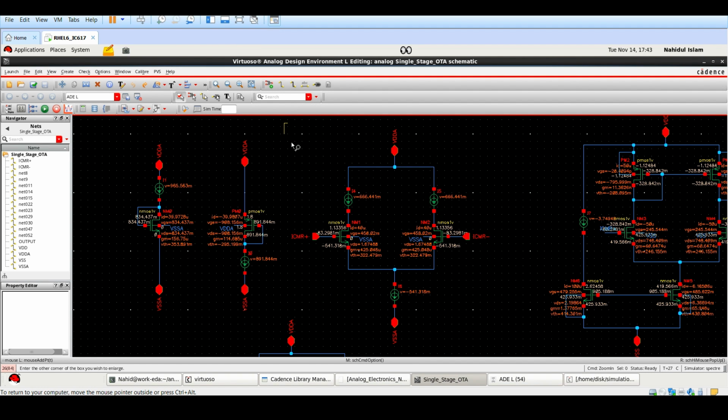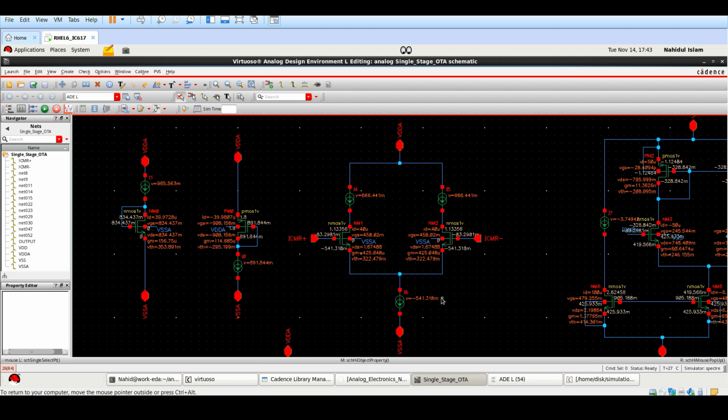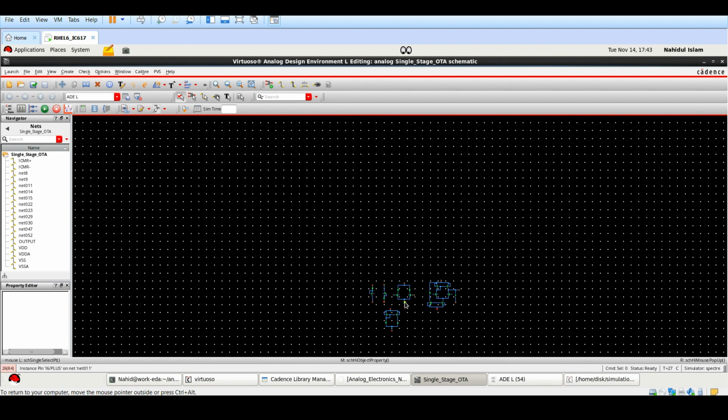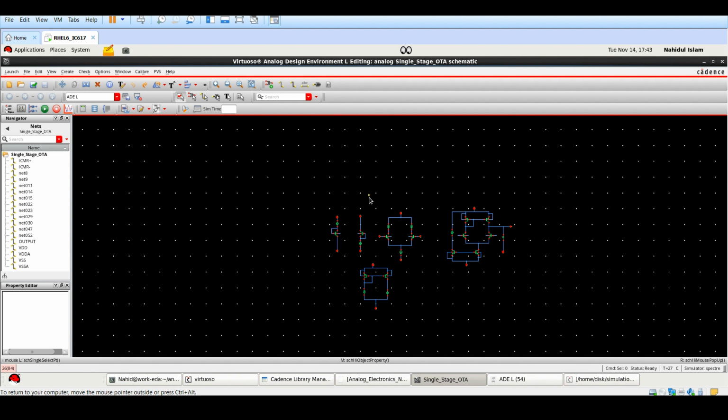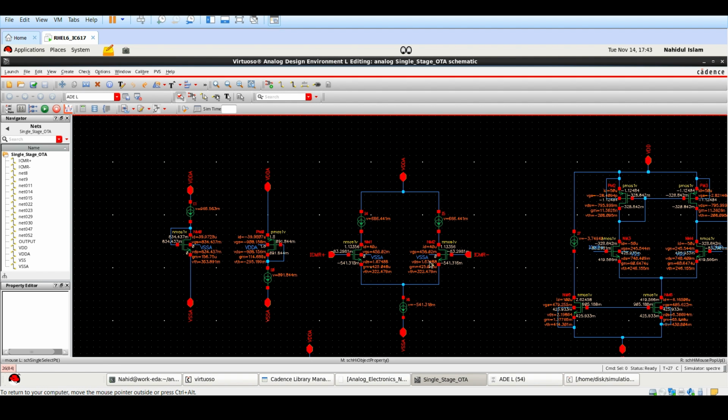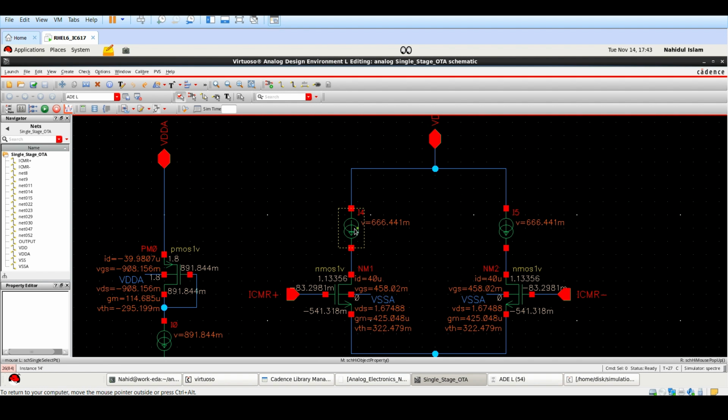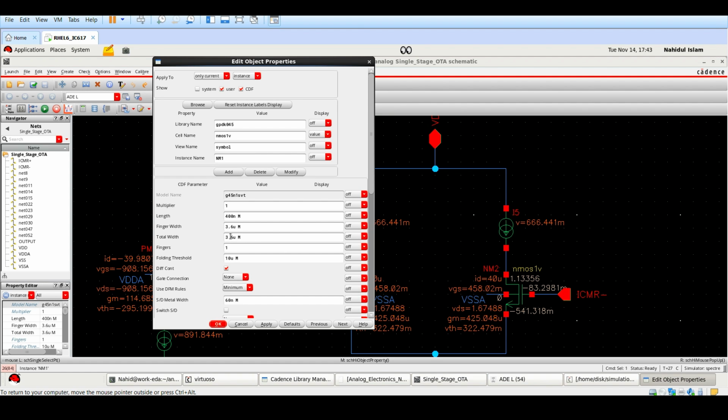For the maximum and minimum threshold voltage for the NMOS, I have to set this arrangement. Here I set a current source and another current source above this NMOS transistor, and I set the length and width which I calculated before.